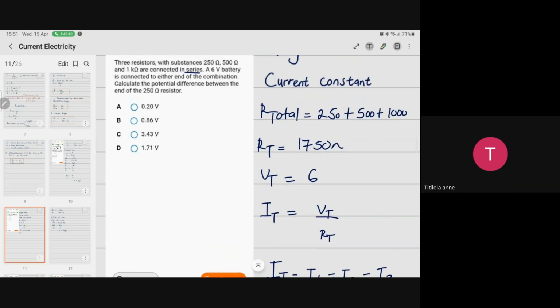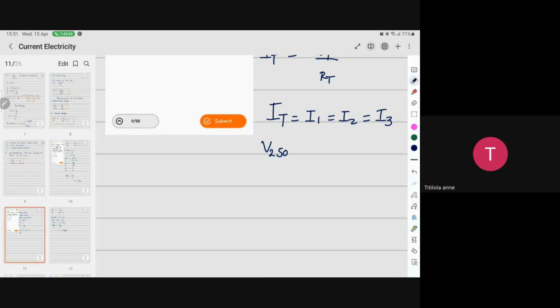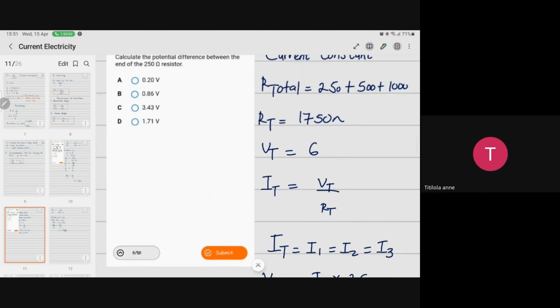And that's why she now said any I total she got, she now has that the V250, right? Is that not so? Yeah, V250 for that resistor will now be equal to what? I total, are we together? Multiply by what? I total multiplied by what? The resistor 250, right? So what was the final answer you guys got?